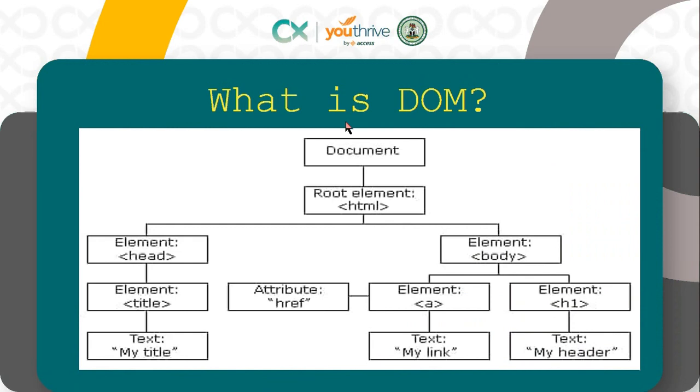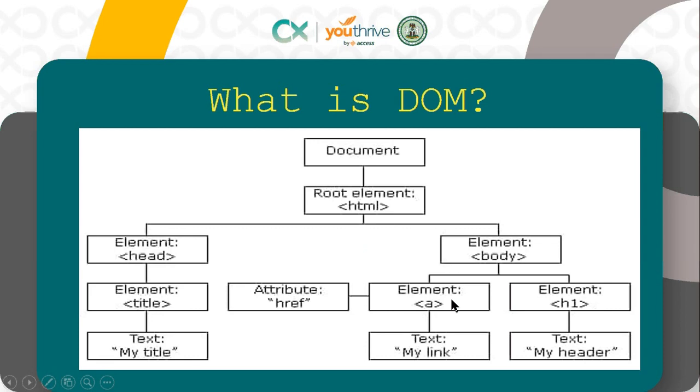So inside the root element, which is HTML, you have two main elements, which is the head tag and the body tag. Then inside the head tag, you have access to one important tag, which is the title tag, and the title tag can hold the text. Then inside the body tag, you can have an anchor tag, or you can have the heading 1 tag.